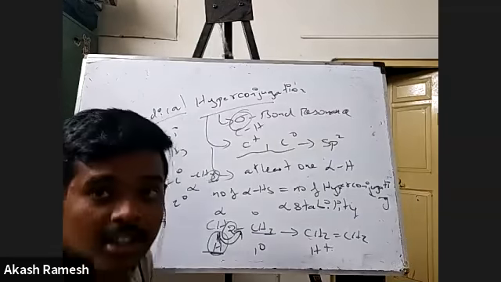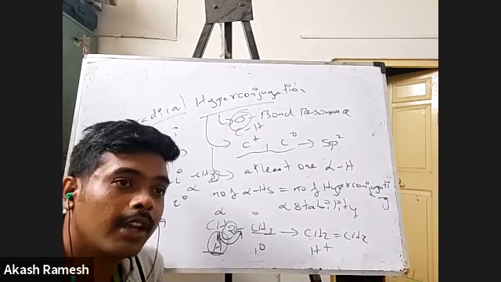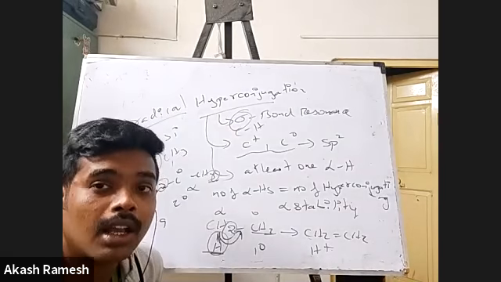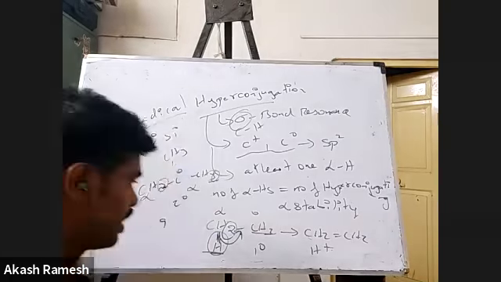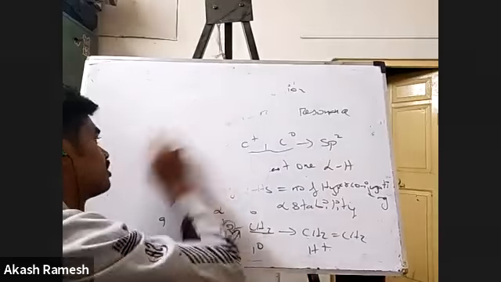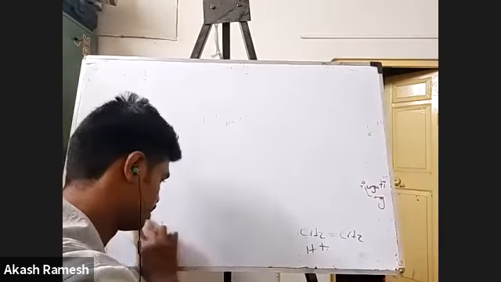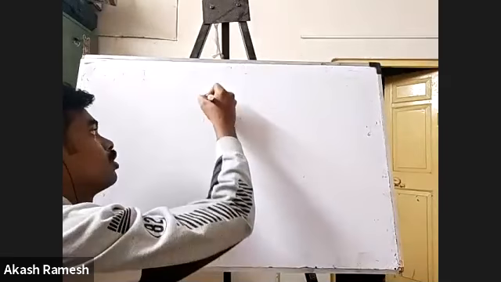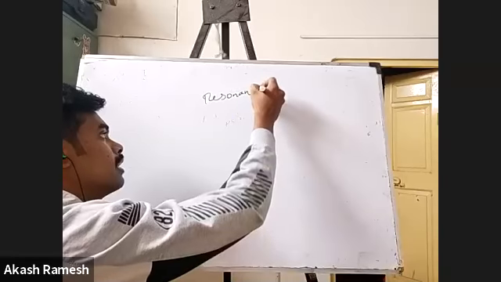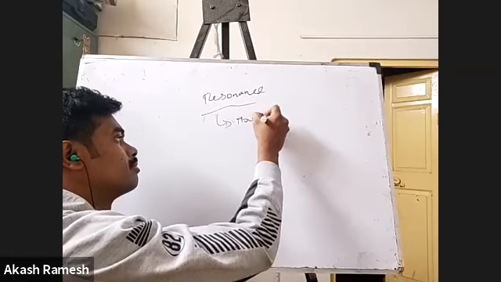Right. Okay. So we were talking about resonance, if you can remember last class. We looked into the resonance structure of benzene. Say if I go for resonance, how are we going to define it?